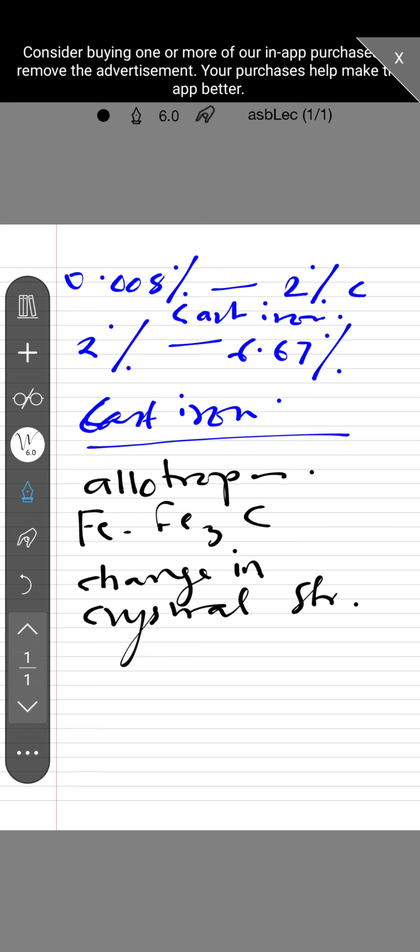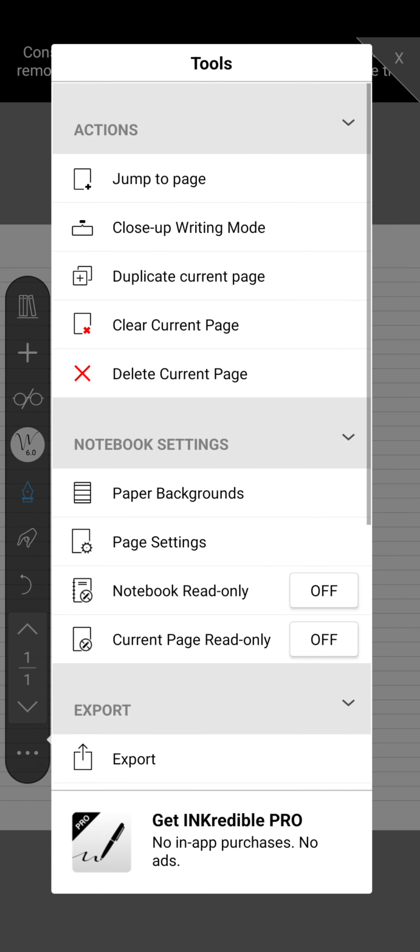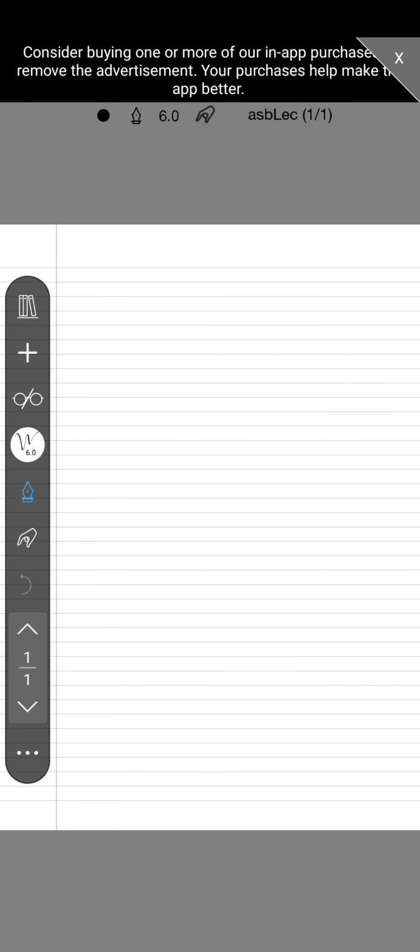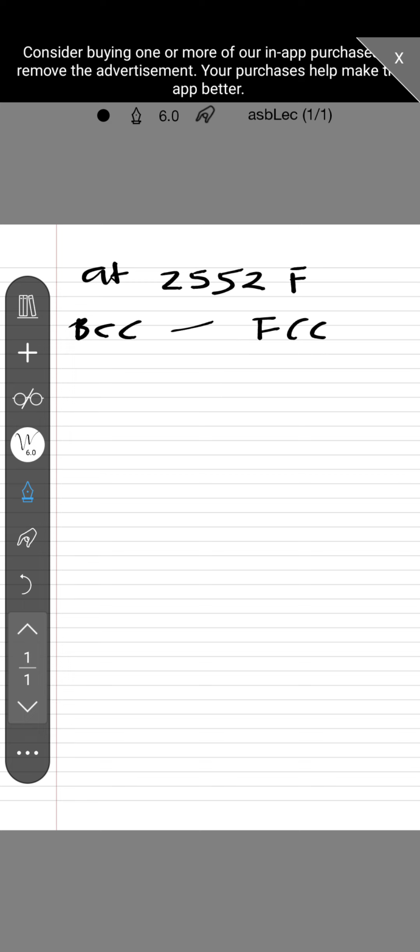The first change that can be considered is at 252 Fahrenheit, where there is a change from the BCC phase to the FCC phase. So this is the first one.